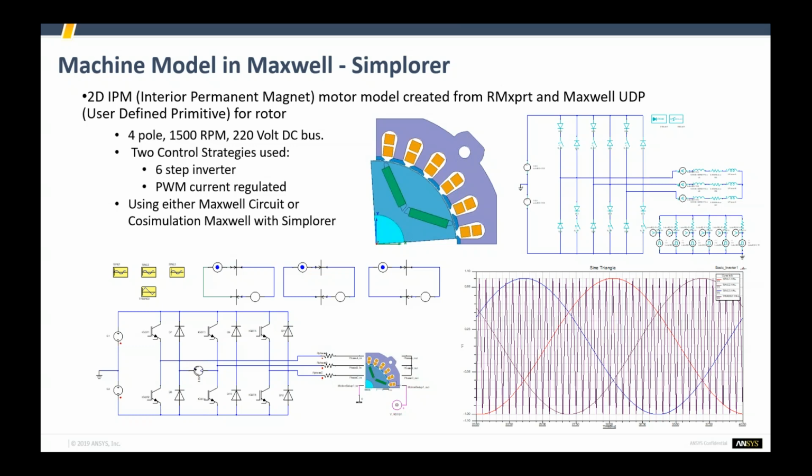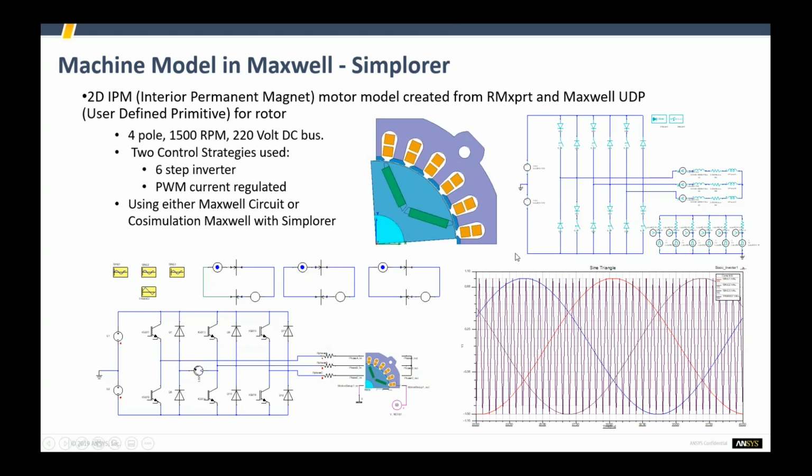This SPWM can be implemented either through an external circuit tool in Maxwell or in Simplorer, which enables a lot more advanced controls. So either one can be connected to a harmonic force structural analysis.